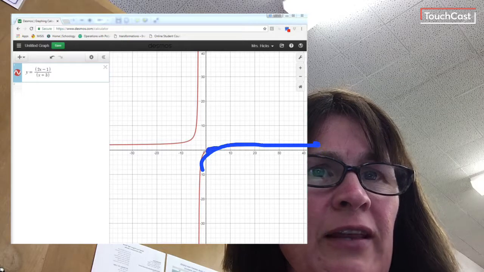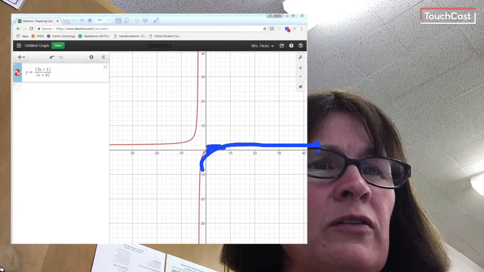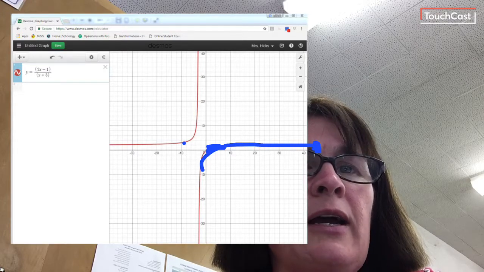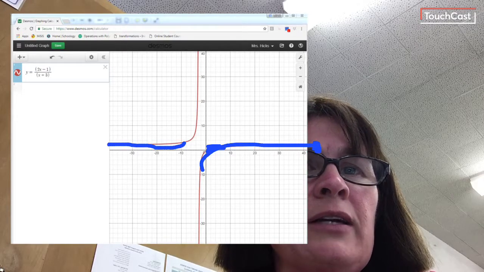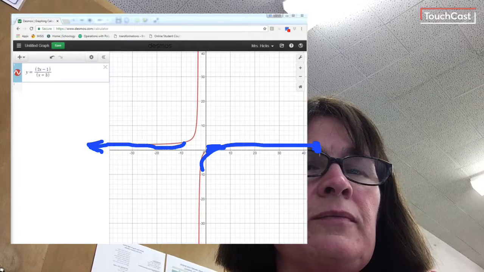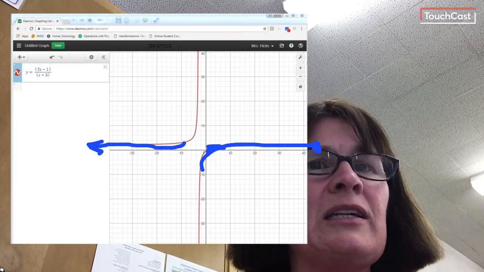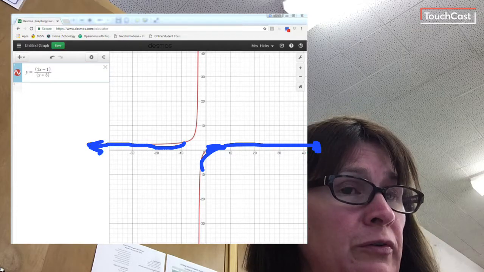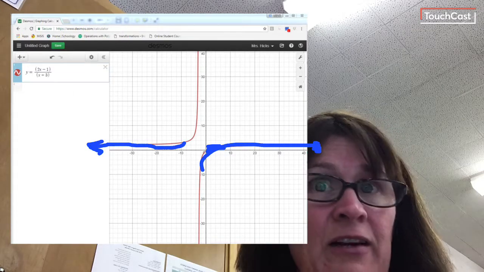This graph kind of levels out at that first silver bar, so this seems to be approaching the value of 2. And as I follow along here the other direction, I also seem to have a limit of 2. The y value is getting closer and closer to 2. It's not ever going to get there.